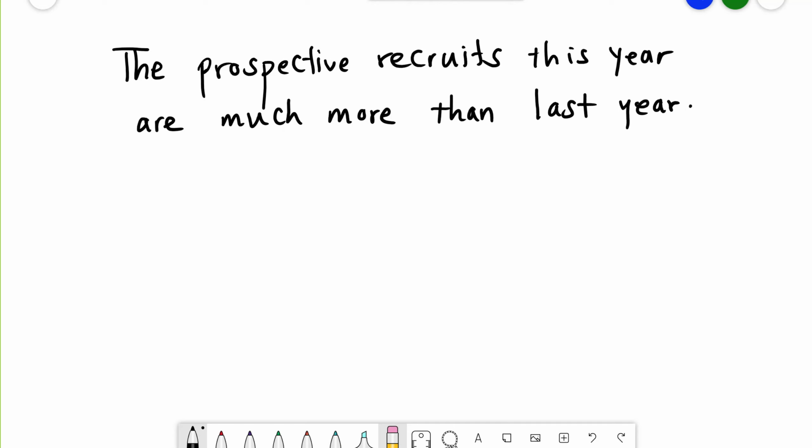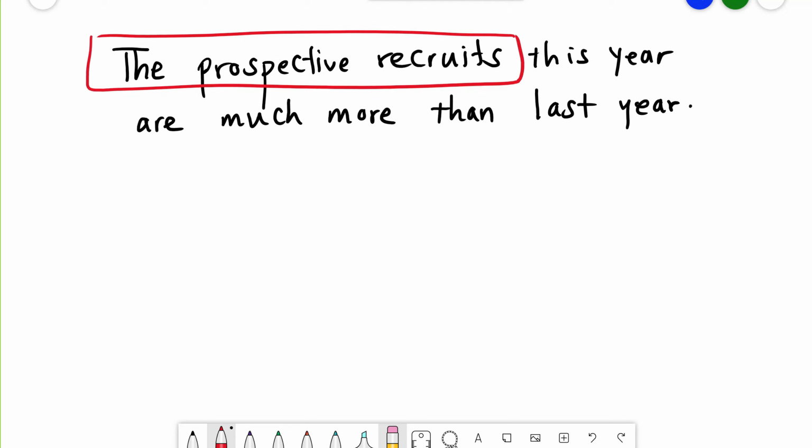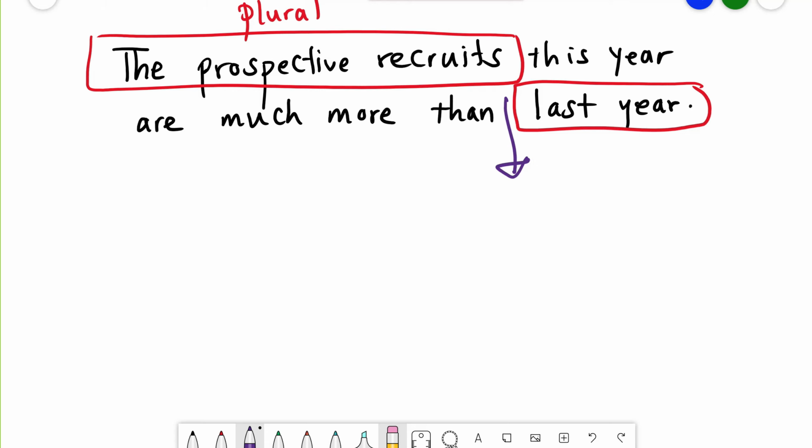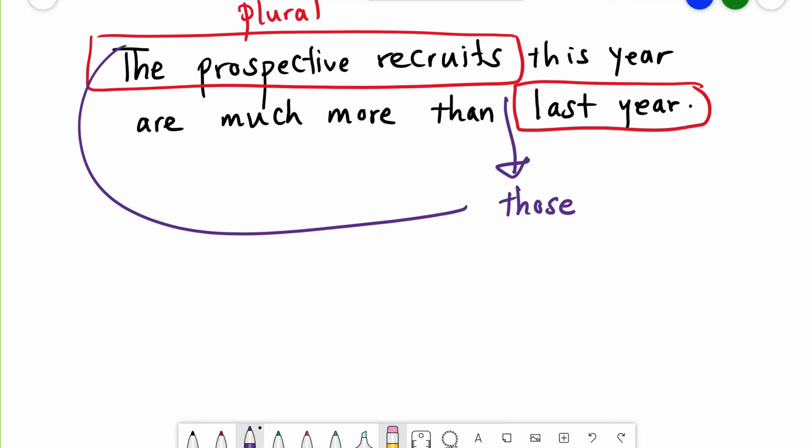And teacher, you say, is it wrong? Of course, it's illogical comparison. We are comparing here what? The prospective recruits, which is plural, to what? To last year, which is time, right? How can you correct it, teacher? Simply, if it is plural, you need to add those of last year. You understand? That's the logical or the illogical comparison.